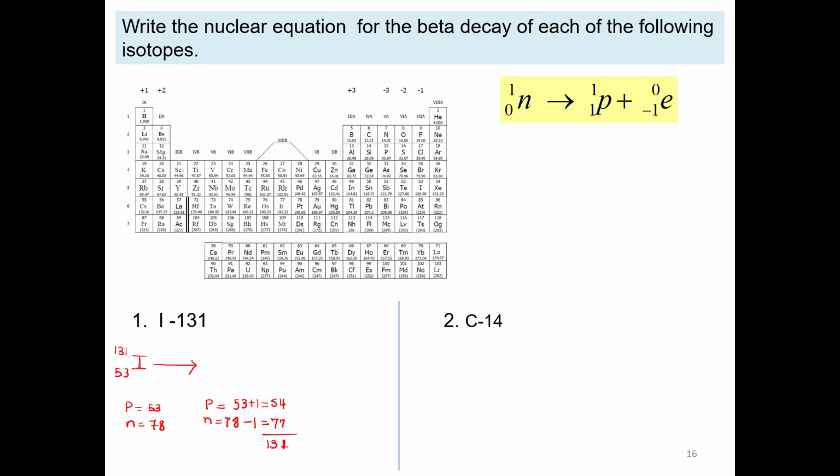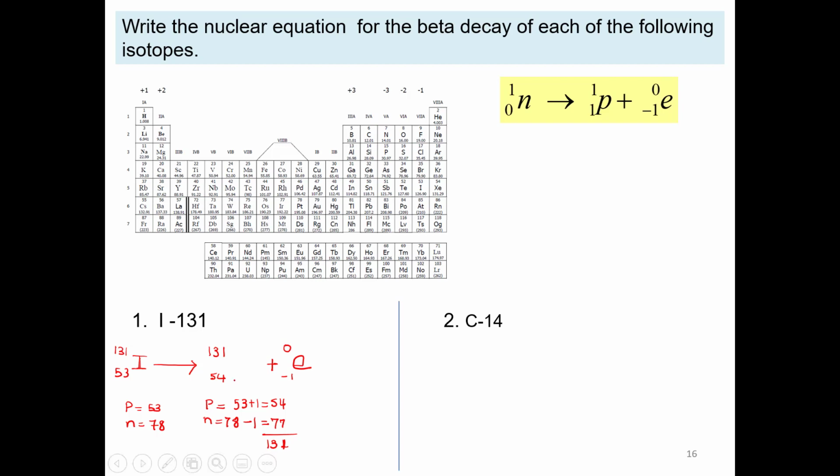Then let's write here the isotope in the products. In the product we will have mass number 131 and the atomic number will be 54, plus a high energy electron or beta particle.